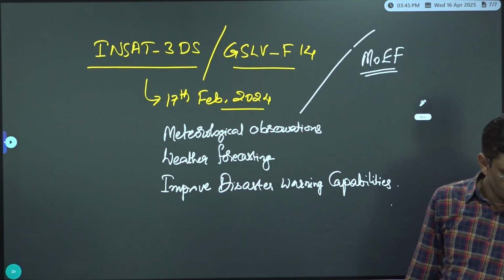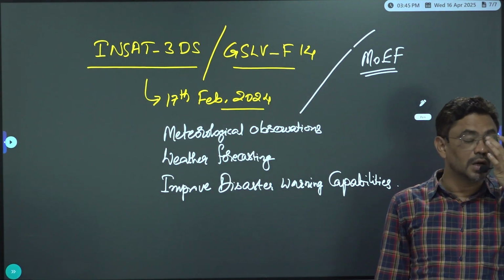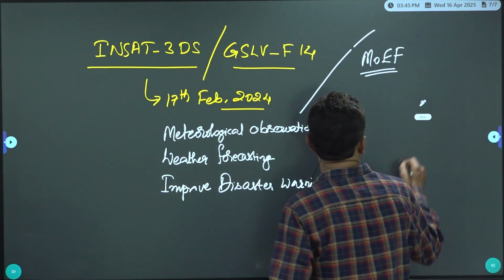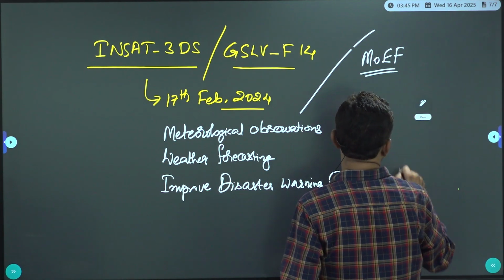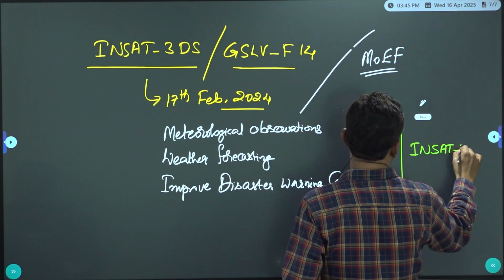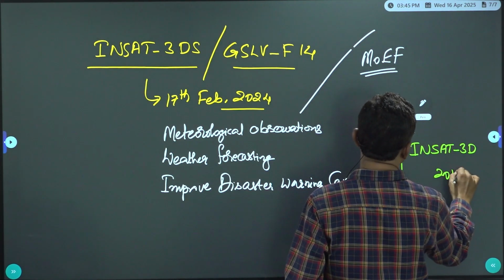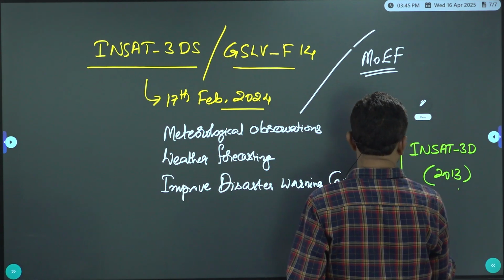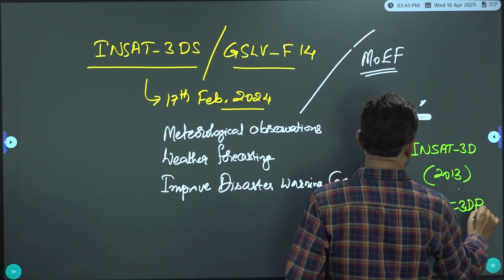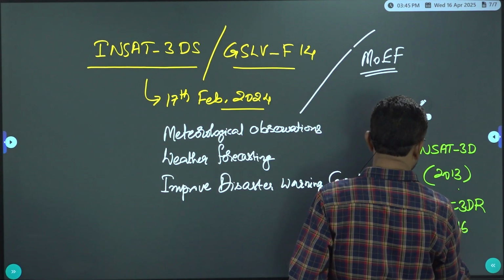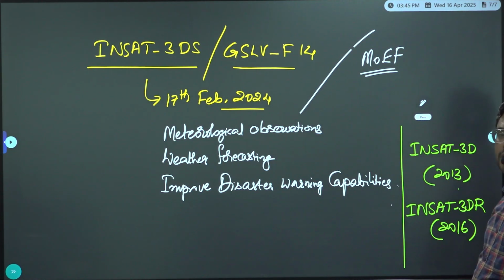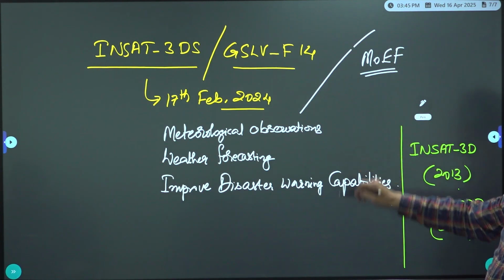The existing weather satellites include INSAT 3D, launched in the year 2013, and INSAT 3DR, launched in 2016. Just to remember, the recently launched weather satellite was INSAT 3DS, also called GSLV F14.